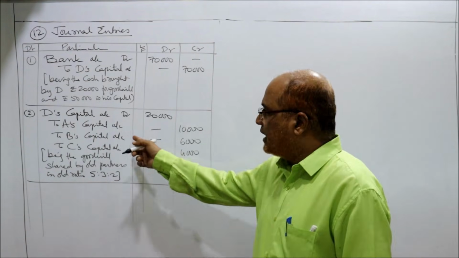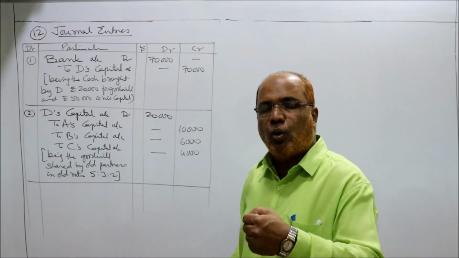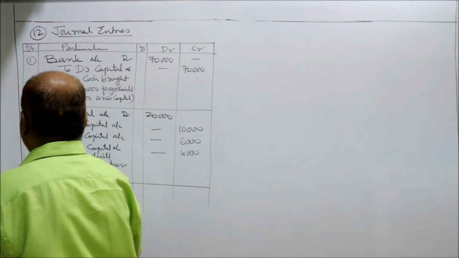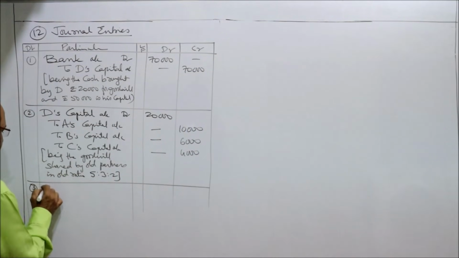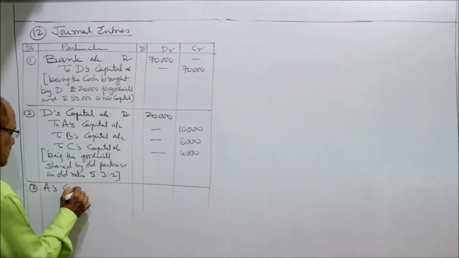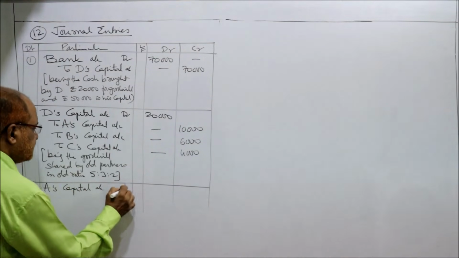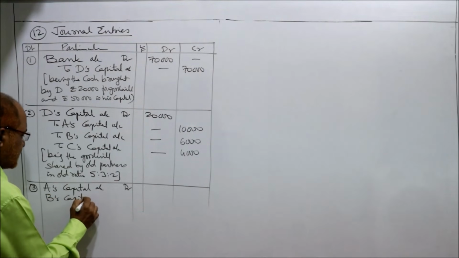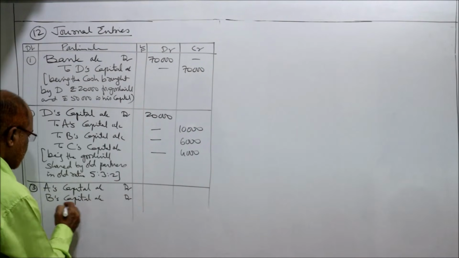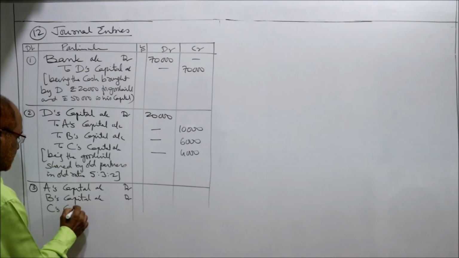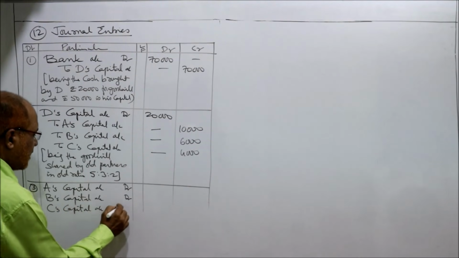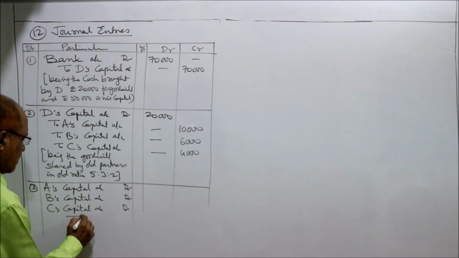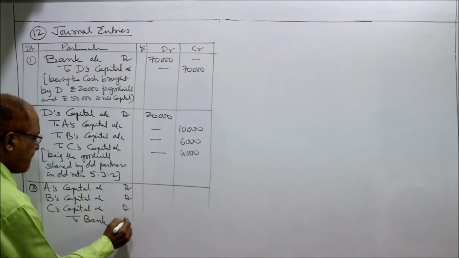ये पैसे जो गुडविल के आए हैं, ये गुडविल के पैसे ओल्ड पार्टनर्स निकाल ले रहे हैं, विड्रॉ कर ले रहे हैं. तो एंट्री विल बी A's capital account debit, B's capital account debit, C's capital account debit to bank.